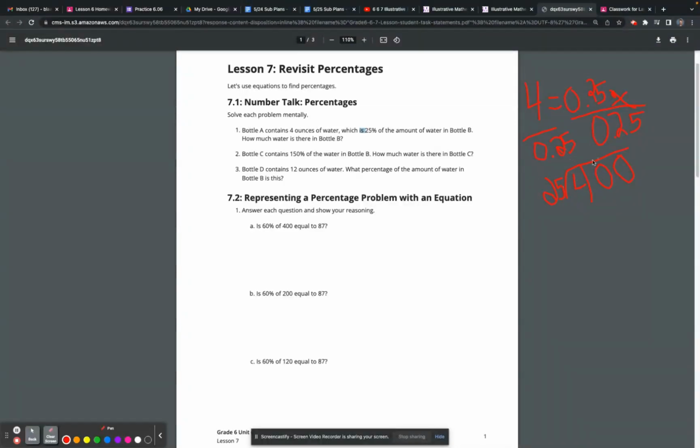Now I didn't leave myself a lot of room here to work, so I apologize. Like I said, I'm using this drawing tablet thing I have, but I don't really use it, so that explains my messiness. So then you just work it out long division. How many 25s go into 40? Just one. So I would put my 1 right there. 1 times 25, 25. 40 minus 25 is 15.